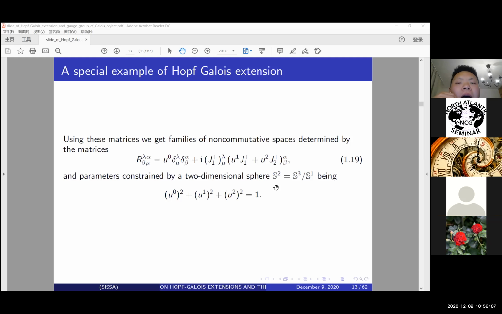So I think the embedding of complex numbers into quaternions is a two-dimensional sphere. Yeah, it is a two-dimensional sphere, but that is another story probably. I didn't understand what you mean.